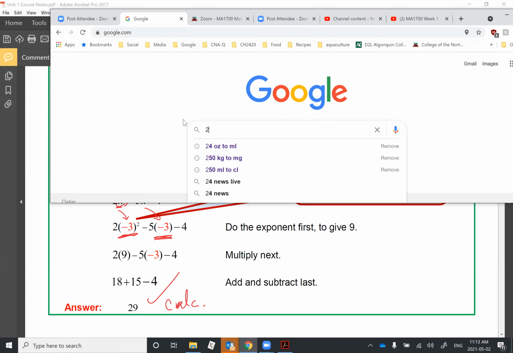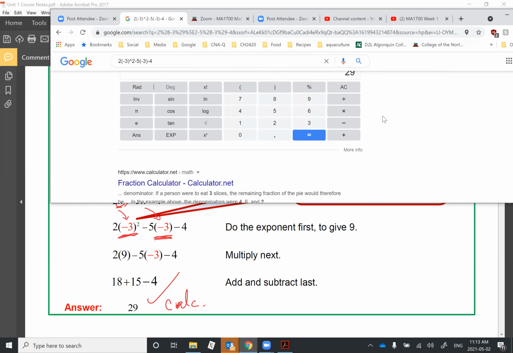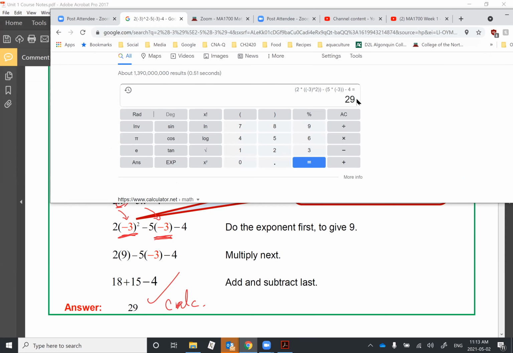So if I went 2 bracket -3, okay, I'm going to raise it to the power of 2, minus 5 to the bracket of -3, minus 4, and I hit equals. Google, there we go. Google does it a little better than me. It will answer it as 29.